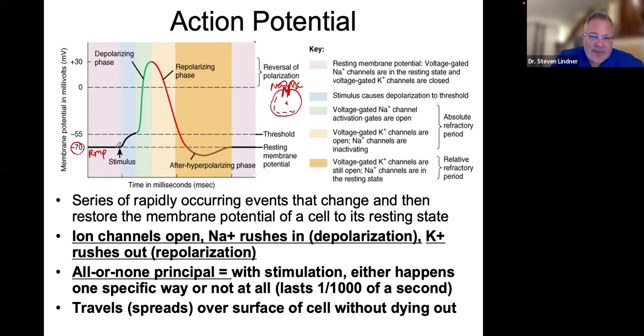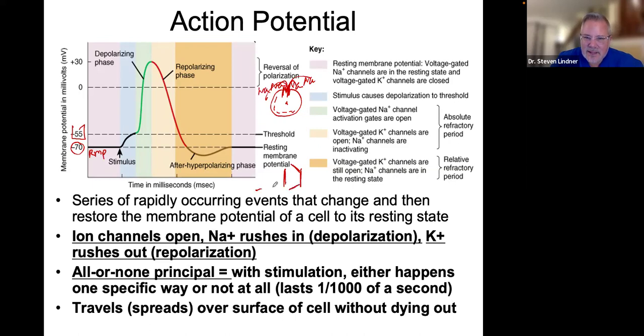So from minus 70, we start to become a little bit more positive. Maybe it goes minus 70, minus 69, minus 65, and then maybe more sodium starts to come in, minus 60, more sodium goes in, now it's minus 55. Now, once minus 55 hits, remember, if this was a channel, there's like a gate on the outside, and then there's a gate on the inside.